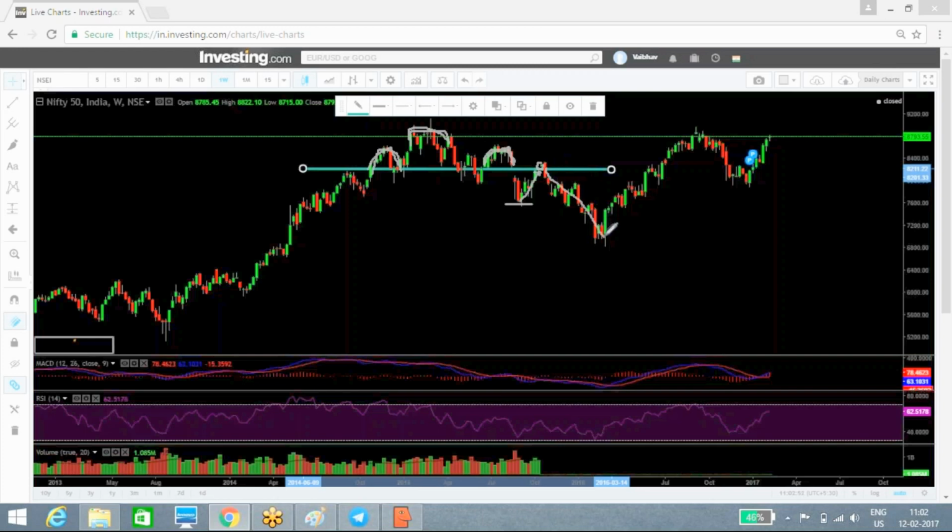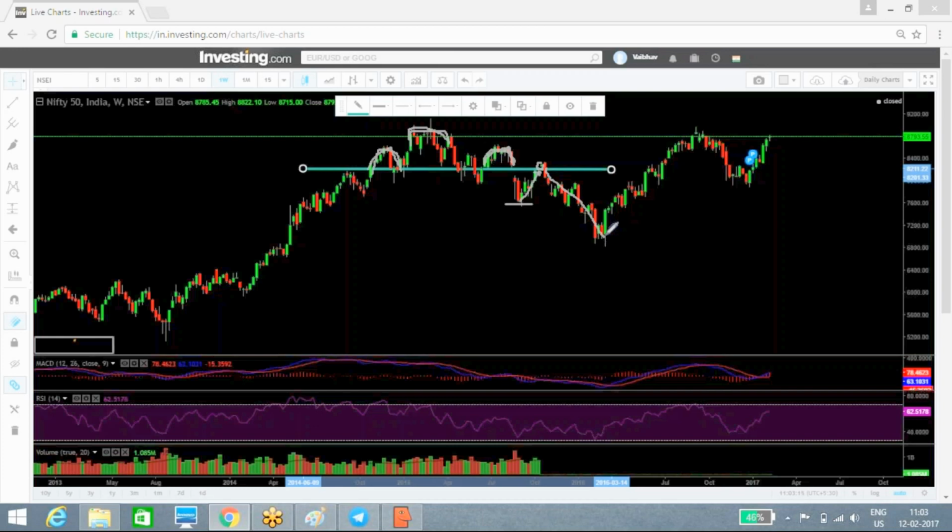It fell like from 8,200 to 7,200, a big 1,000 fall. Okay, it's over 2 to 3 months, but still a big 1,000 points fall. Now we'll see where it took support, how it took support, what was the level.